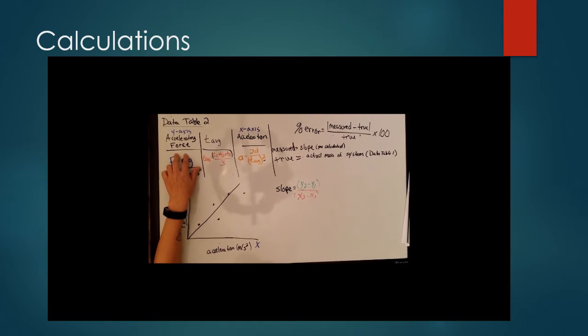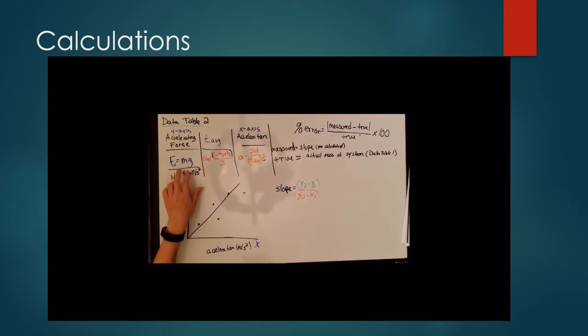To calculate the accelerating force, you're going to be using the gravitational force equation. This is essentially F_W, the weight force. To calculate the weight force, you're going to take the mass times gravity.